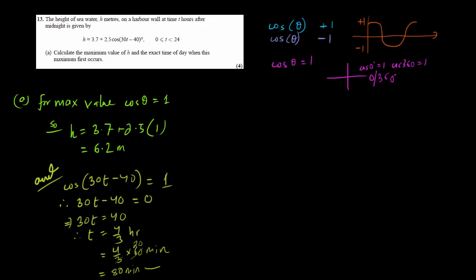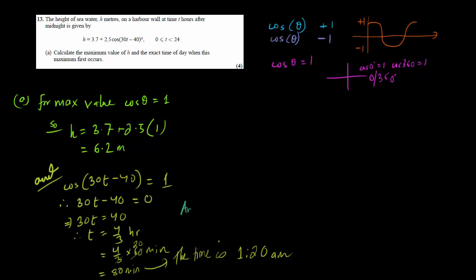So after midnight, 80 minutes means 60 minutes plus 20 minutes. So it should be 1:20 a.m.